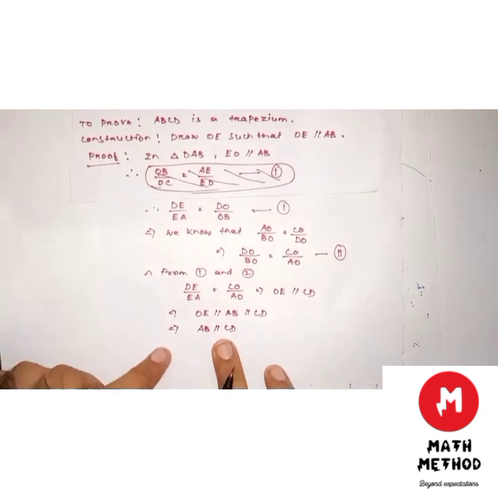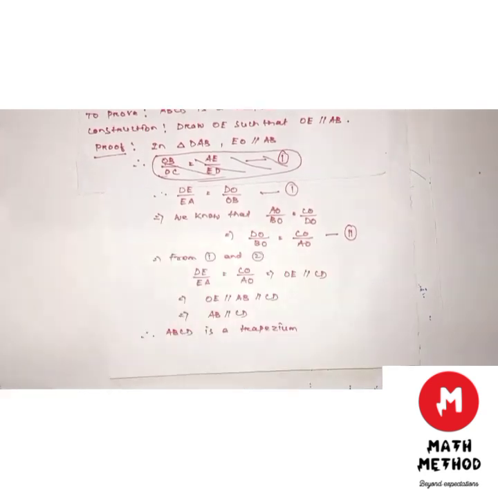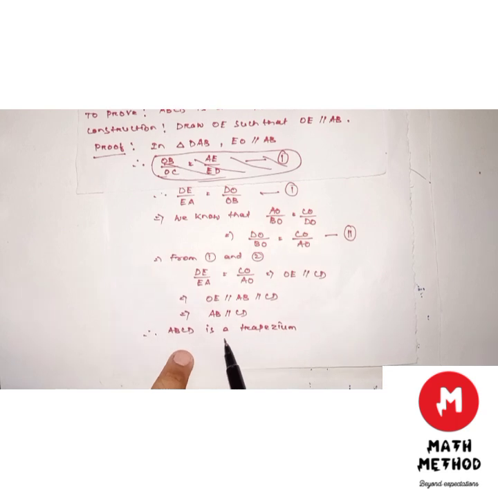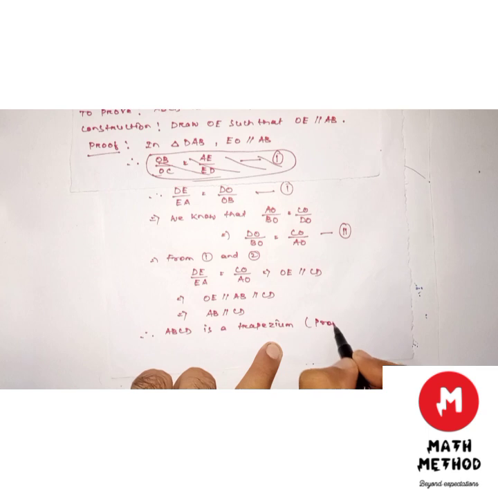Therefore, in a quadrilateral whose only one pair of opposite sides is parallel, the quadrilateral is said to be a trapezium. Therefore ABCD is a trapezium, proved.